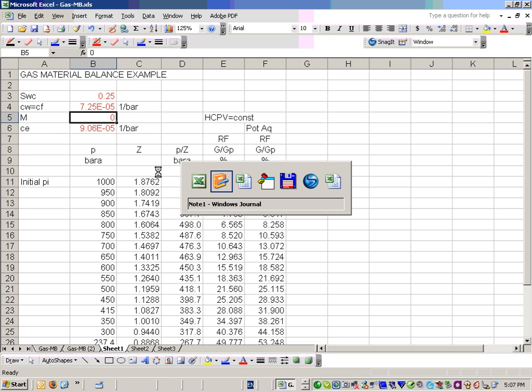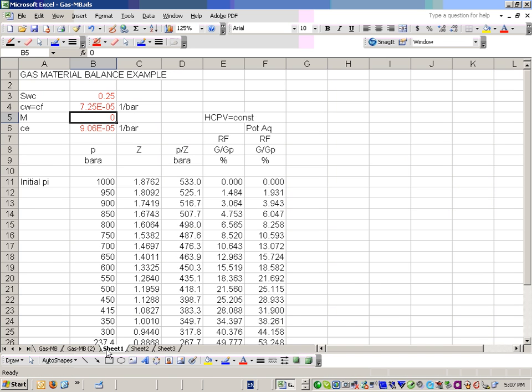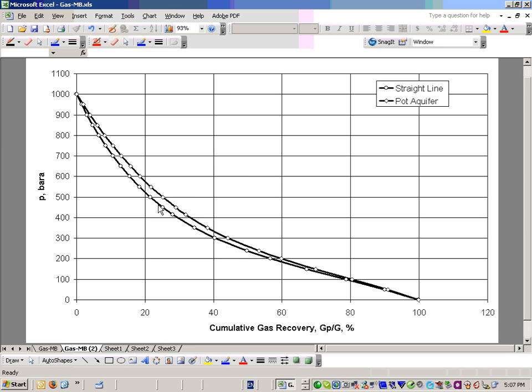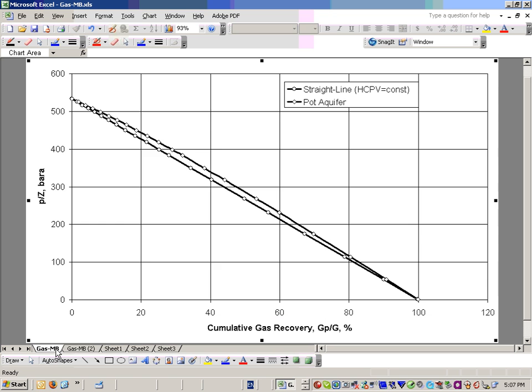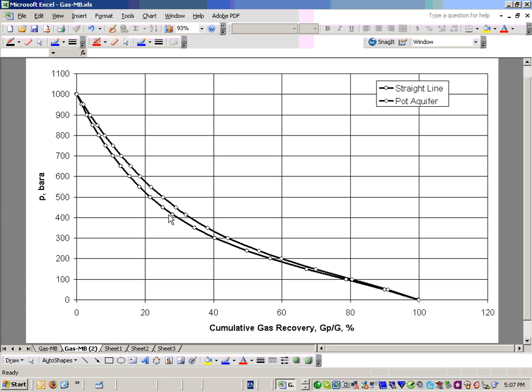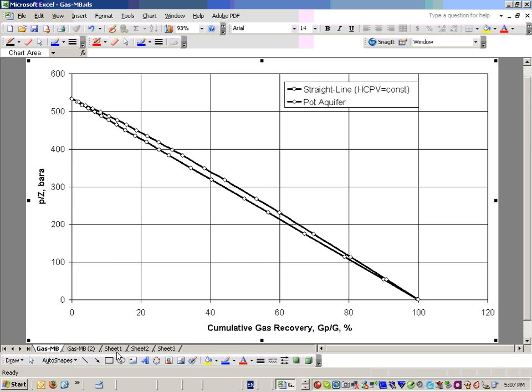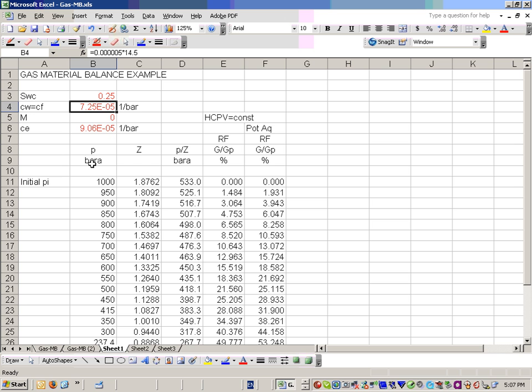So what you see from this figure with no aquifer associated is the effect of only connate water and pore formation compressibility, which is actually significant. It's not negligible. So that small amount of water and pore compressibility still has an effect. To get rid of that, we would have to put the compressibility equal to 0.